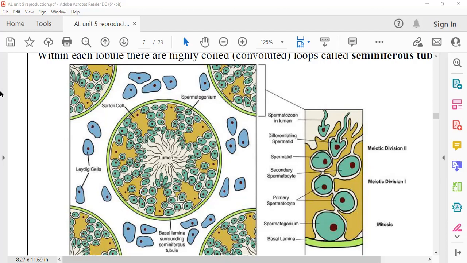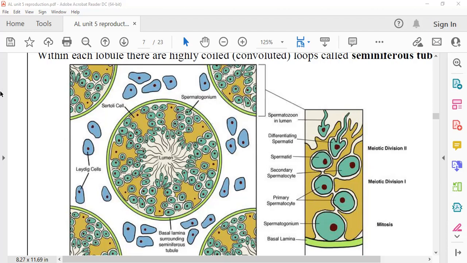Do you notice spermatogonium, primary spermatocyte, secondary spermatocyte, spermatid, spermatozoan, all are attached to the Sertoli cell? Yes, sir. Right. That is because Sertoli cell is giving them nutrition.